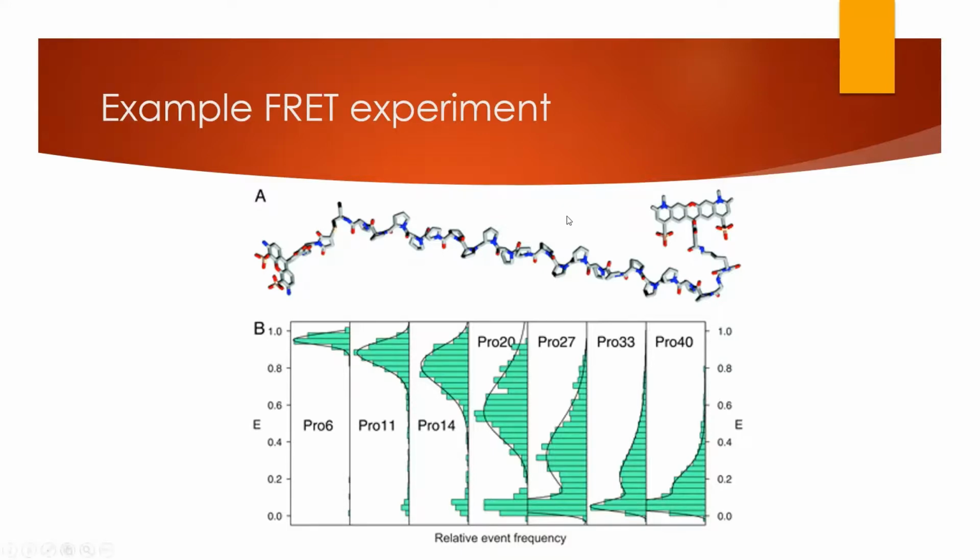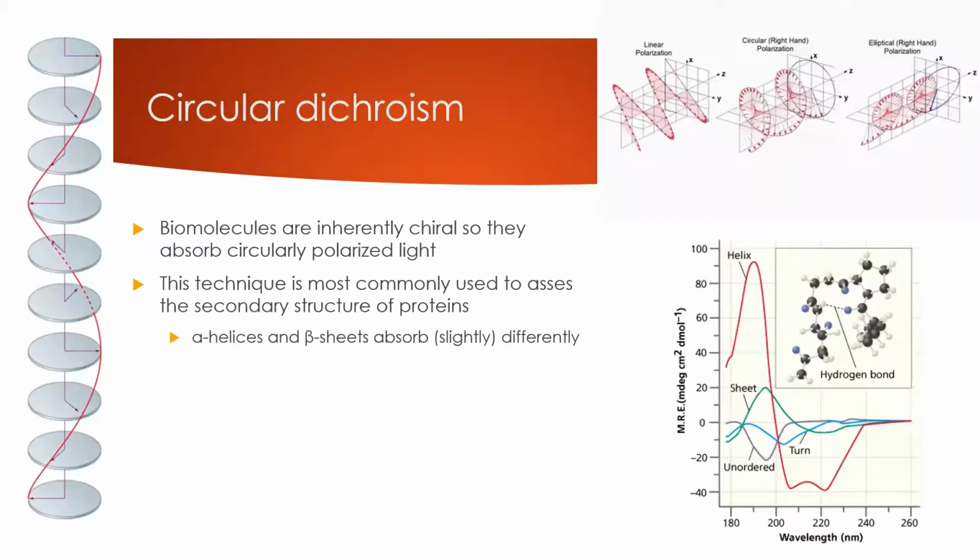Another very useful spectroscopic technique is called circular dichroism, or CD. This technique uses circularly polarized light, so that's going to be this one here in the middle. What happens when molecules absorb circularly polarized light depends on the chirality of the molecule.